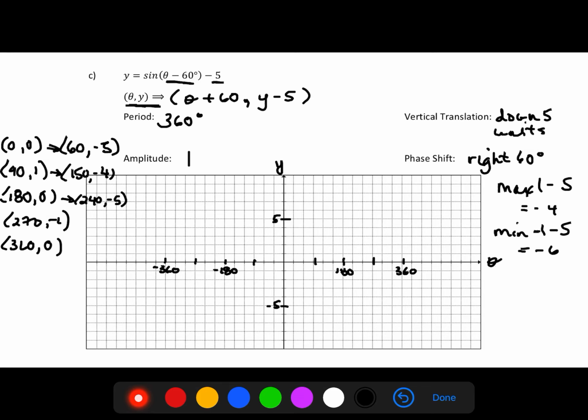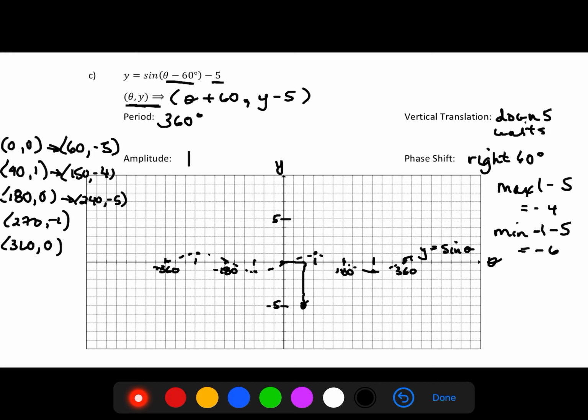So first of all, we have our base graph of y equals sine theta, which will help us here. We know that we can follow our pattern, and again, using a dotted graph here of y equals sine theta, we now know we're going to shift to the right 2 and down 5.